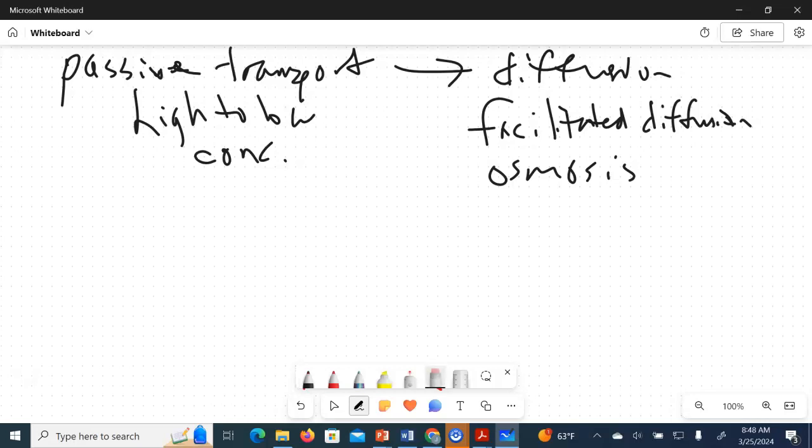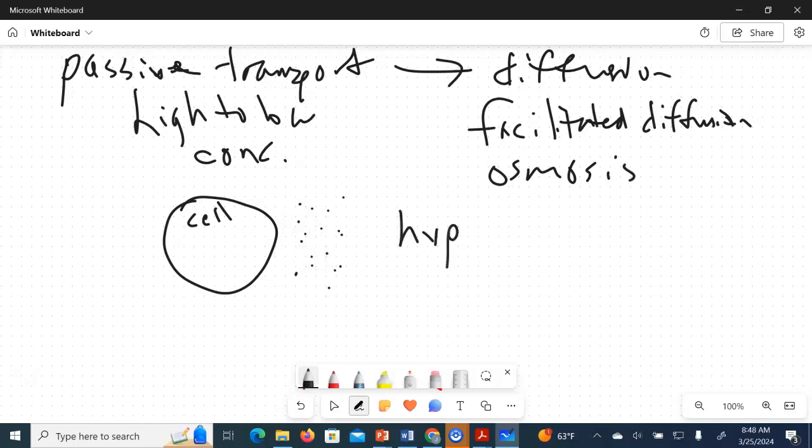So first, let's take a look at osmosis. All right, so cell, outside the cell. Water always goes to the area of higher concentration. If I put a bunch of stuff outside the cell, this is hypertonic.